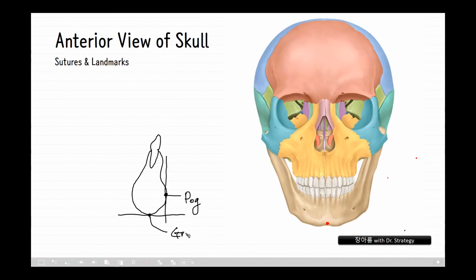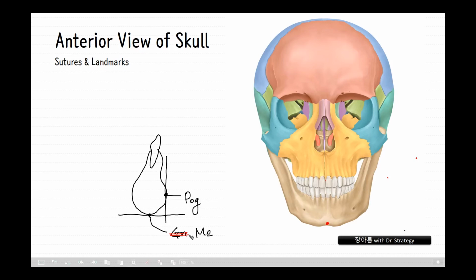But orthodontically, this point is usually called the menton instead of gnathion, so we follow this orthodontic notion. And the Nathion is the point located perpendicular on the mandibular symphysis midway between Pogonion and Menton.